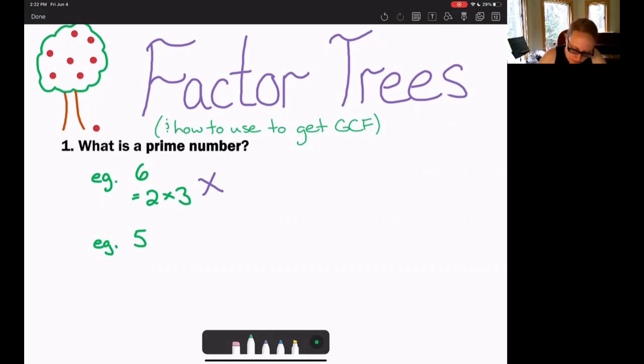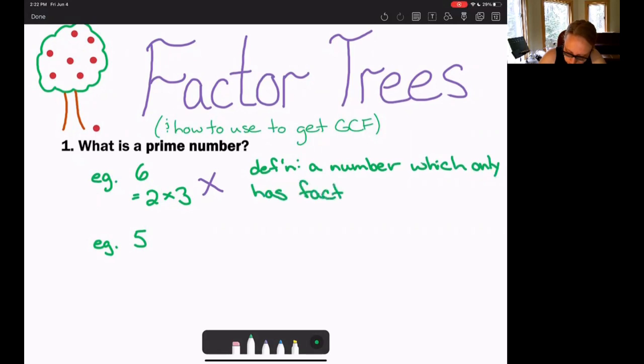So a prime number, as a definition, would be a number which only has factors of 1 and itself.